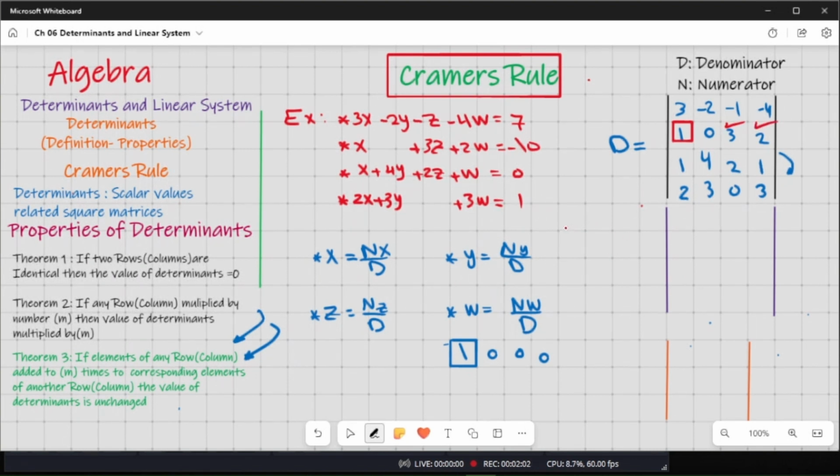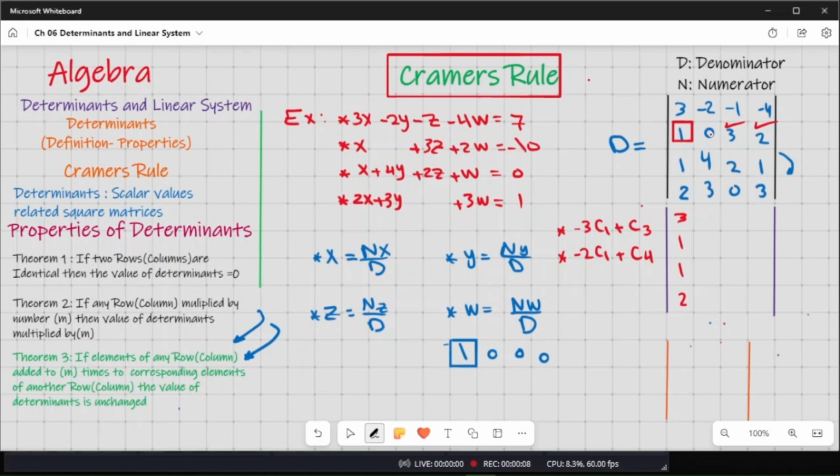The operation here is to multiply the first column by -3, then add to the third column, and again multiply the first column by -2, then add to the fourth one. So we have the first column as this, and we multiply the first column by -3, then add to the third column.